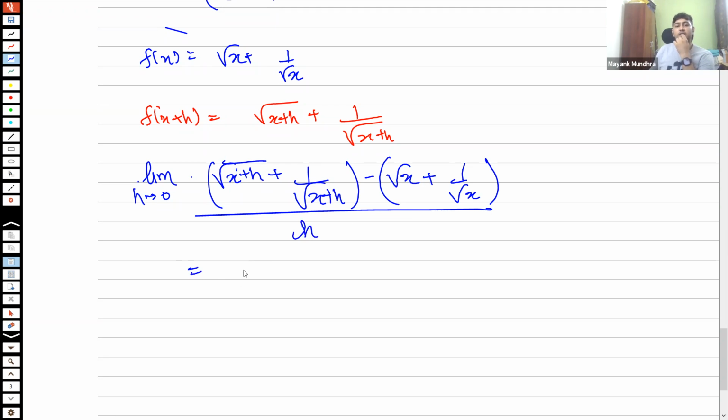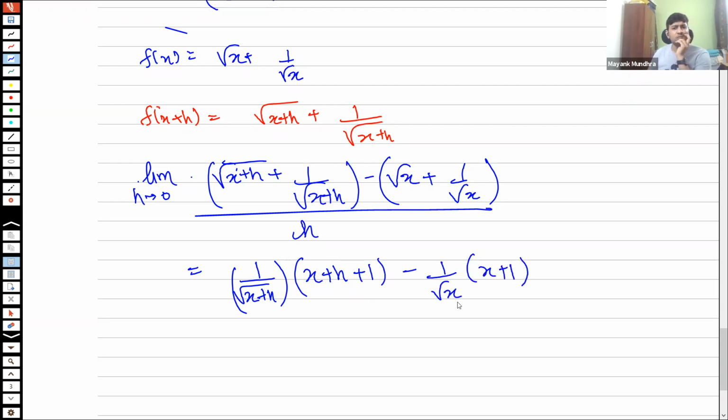So I can take under root x plus h common here: 1 by root of (x plus h) times (x plus h plus 1), minus 1 by root x times (x plus 1), whole divided by h.